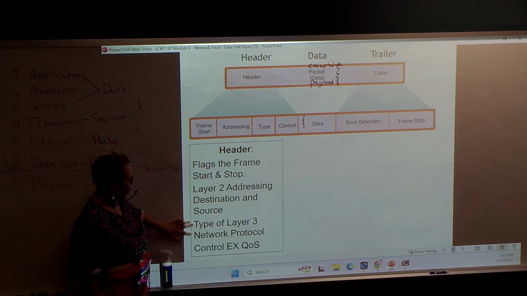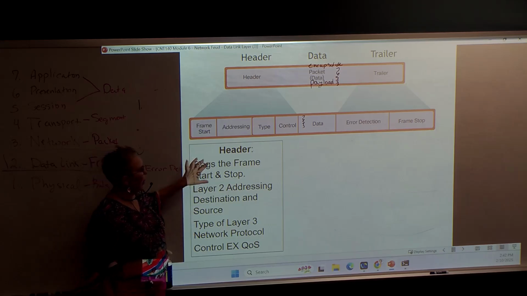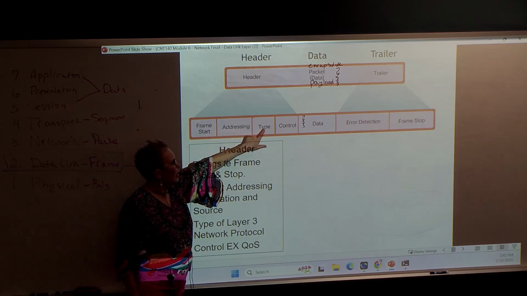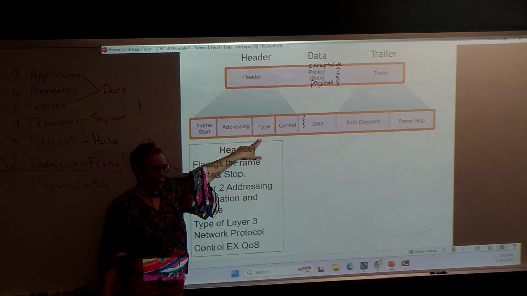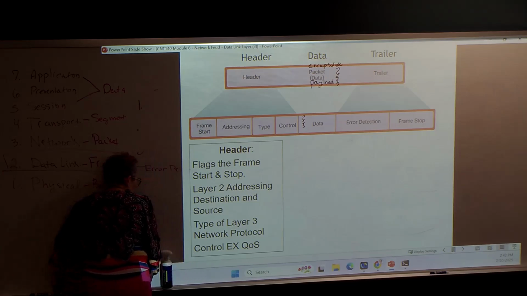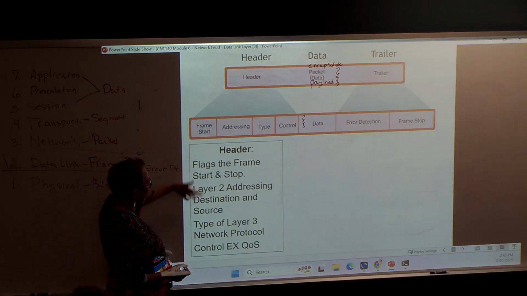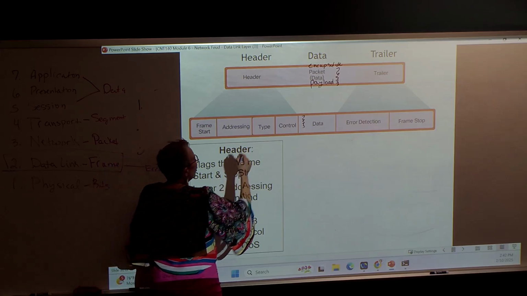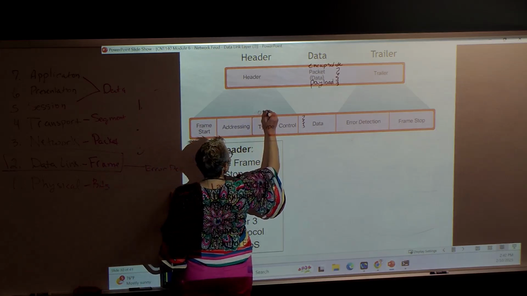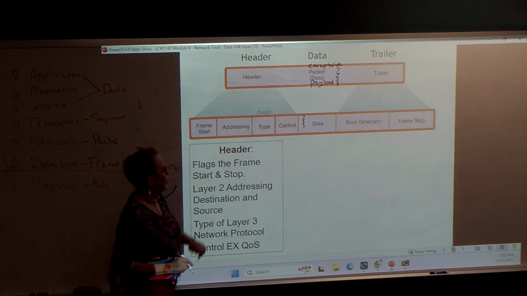The type of layer 3 network protocol: it needs to know what type of layer 3 protocol it is. Is it IPv4 or IPv6? Now, just to show you the simplicity of the way the bits work, if it's IPv4, the bits look like this in the type.